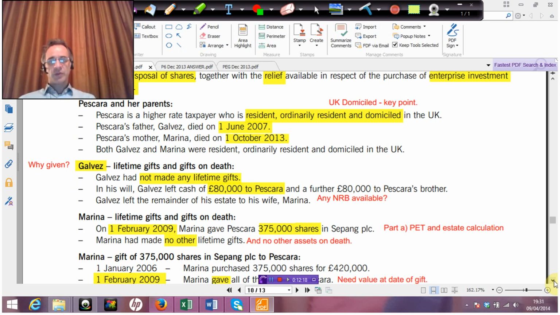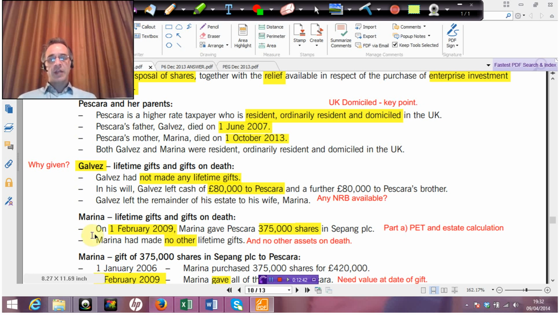We were told in the requirements that we're going to be asked to do something in relation to this gift. So here we have the detail of the gifts, and this section is part A, the PET and the estate calculation. We know that where we have a gift to an individual, it's a PET, and that means obviously that there is no tax in lifetime.